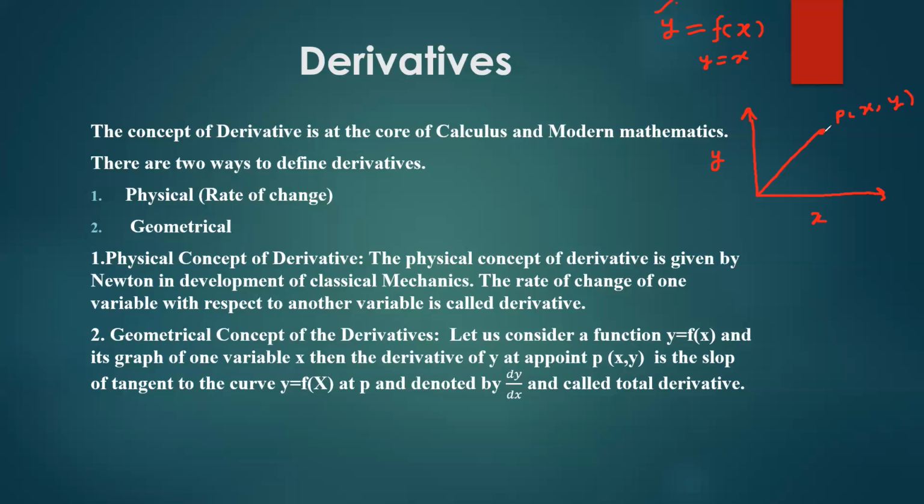It means this point P is x distance from the x direction and y distance from the y direction. So the slope at this point P is known as the derivative at that point. It is denoted by dy by dx, and we call it the total derivative. So is this concept clear to you or not?